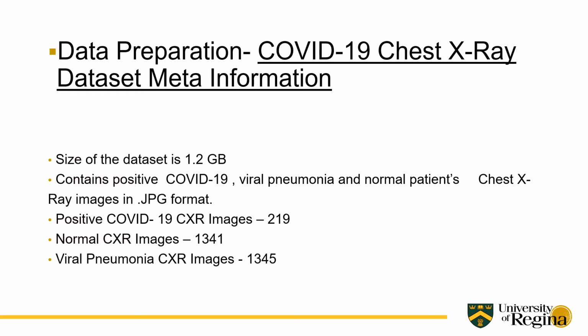All of them are in .jpg format, and it contains around 219 X-rays of positive COVID-19, 1341 X-ray images of normal people, and also 1345 images of viral pneumonia. And this data was extracted mostly from articles.